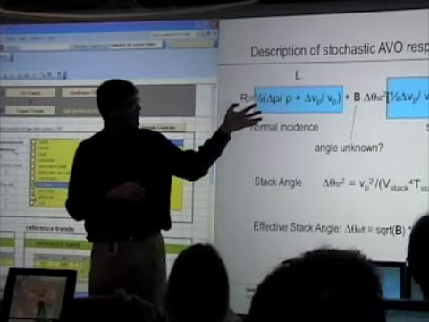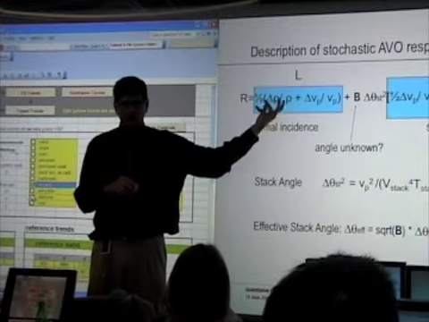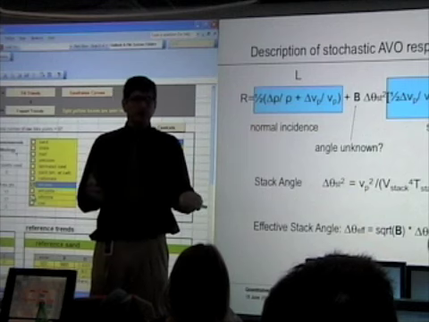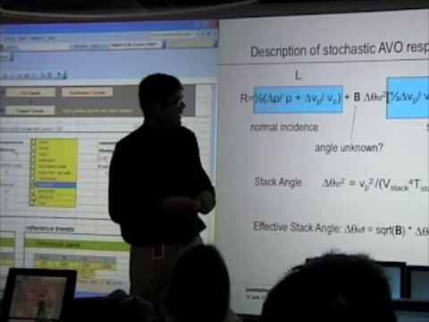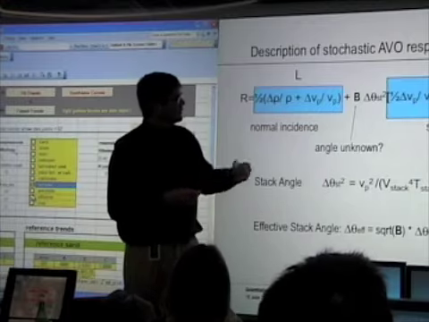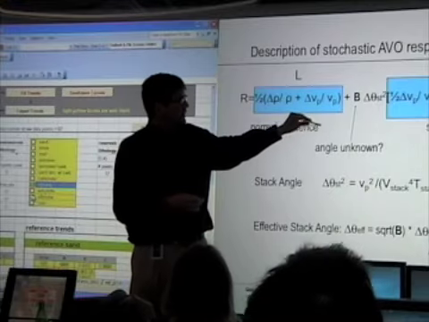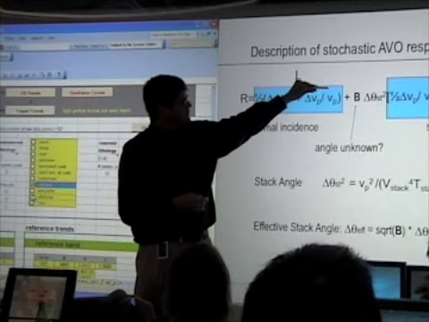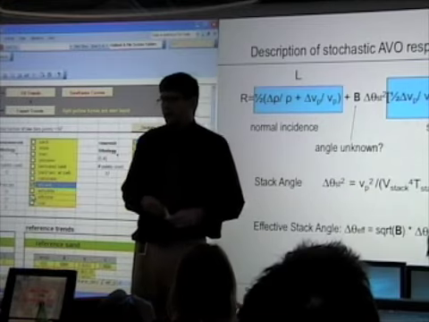And what's nice about this is there's a nice symmetry to this particular expression, or it actually renormalizes well. If you have a top and base of a package, you'll find that you get the opposite response at the base that you get at the top, and things cancel out nicely.